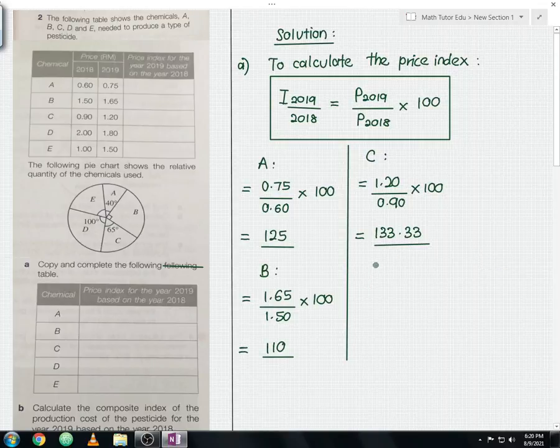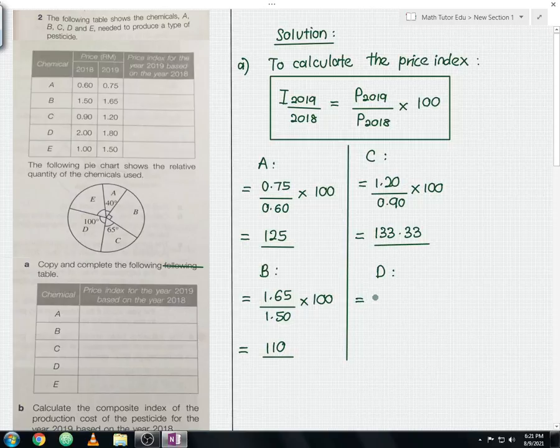Continue with the calculation for the price index of chemical D. For chemical D, you need to be careful. This is the price of the year 2019, which is 1.80, and this is the price for the year 2018. As you can see here, the price of the year 2019 is lesser than 2018, so please be careful when you are doing your calculation.